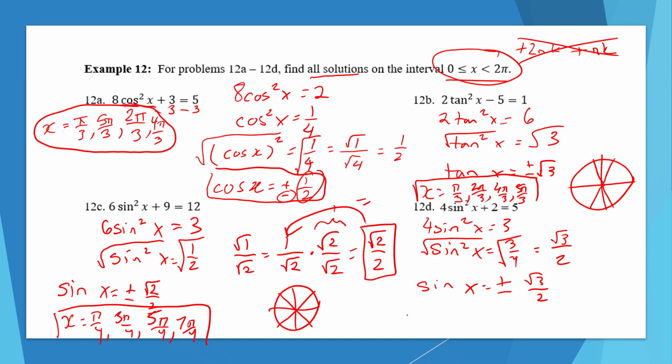So we should get x equals, and remember the plus or minus, pi over 3, 2 pi over 3, 4 pi over 3, 5 pi over 3. And that should be our answers there. So a lot of the time, you're going to see maybe the same answers pop up. You could also see pi over 6, 5 pi over 6, 7 pi over 6, 11 pi over 6 be a common answer to these problems as well.